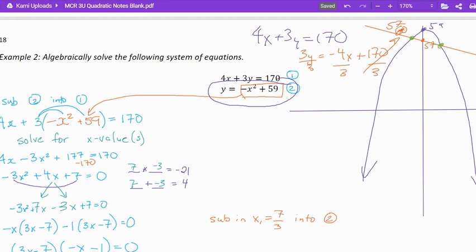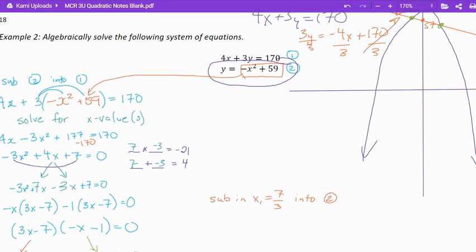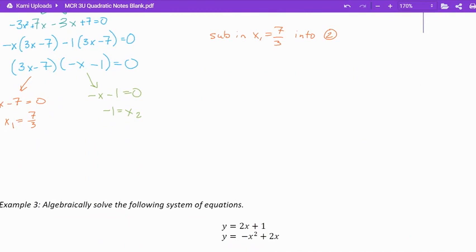So that when you are solving algebraically, you already know what you're looking for. Does that kind of make sense? Who kind of gets what I just did? Okay, I like doing that because it uses my critical thinking, and then I get to predict what I'm looking for. Well, were we on the right track? Yeah, we were on the right track because we found 2 x values, right?